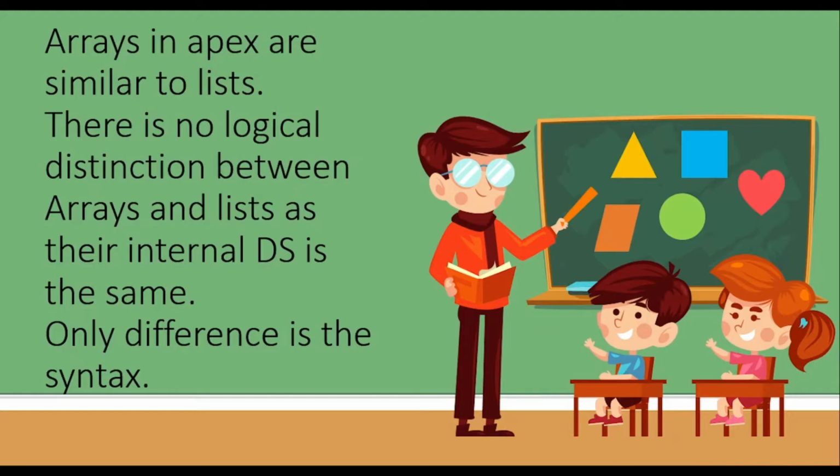The time complexity and the space complexity for an array or a list is the same in Apex. The only difference here is the syntax. Arrays have a Java-like syntax, and that's the main difference for now.